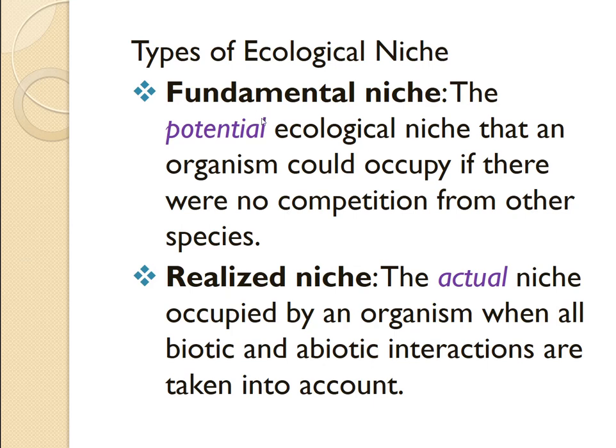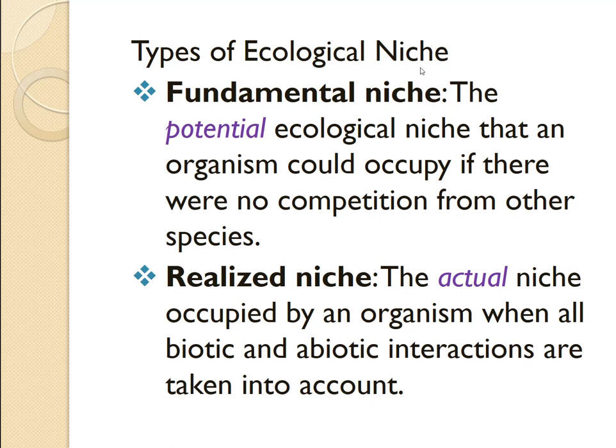So I guess some of you might be having difficulty understanding the types of ecological niche. Okay, so there are two types of ecological niche. Remember what is niche? Niche is the profession, or what we call the role of an organism in a habitat.